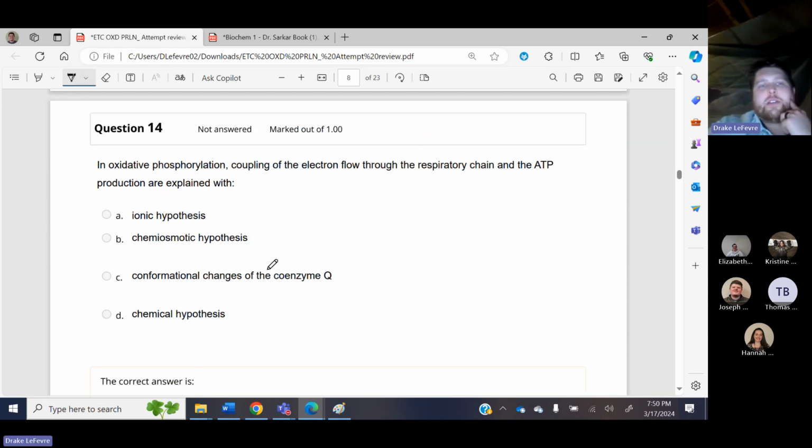In oxidative phosphorylation, aka the electron transport chain, coupling of the electron flow through the respiratory chain and the ATP production are explained with which of the following? Ionic hypothesis, chemiosmotic hypothesis, conformational changes of the coenzyme Q, or chemical hypothesis. This is more of a memorize-y question.